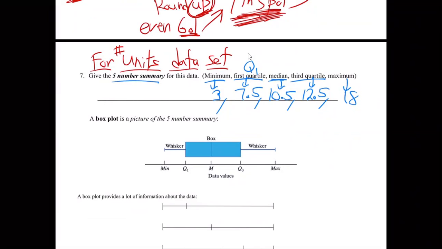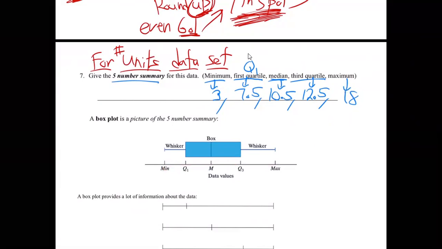All right. So coming on down to the box plot. It's a picture of the 5-number summary. So what we're going to do, we're going to take these 5 numbers and make them into a box plot. Now let me help you. What exactly is a box plot? Well, you're looking at one right here.